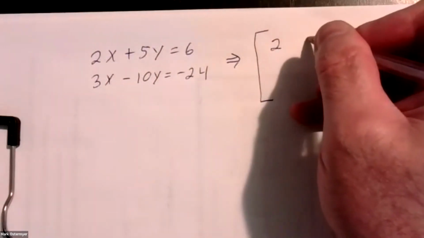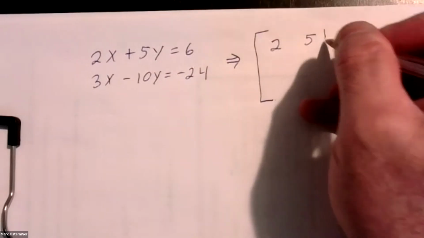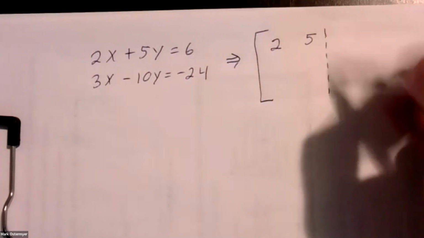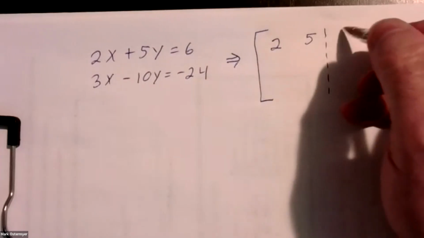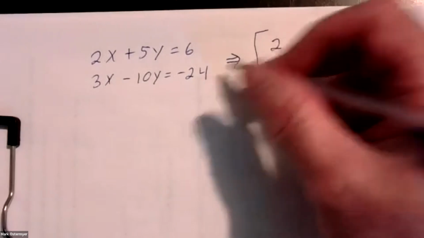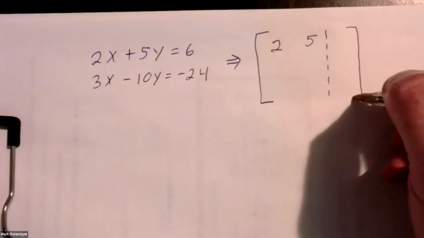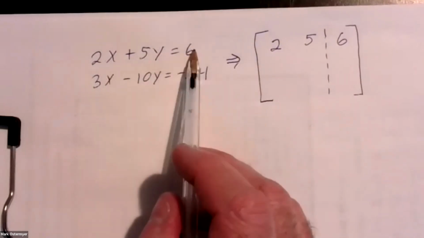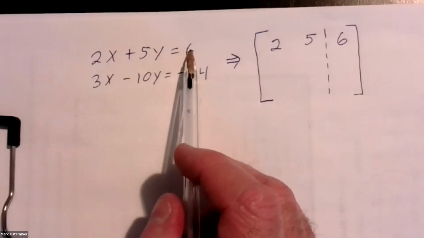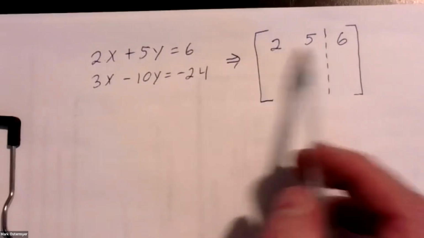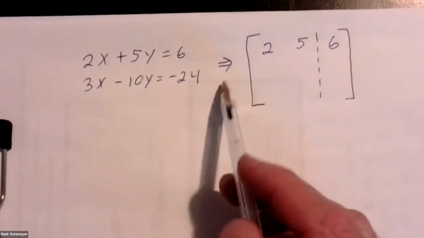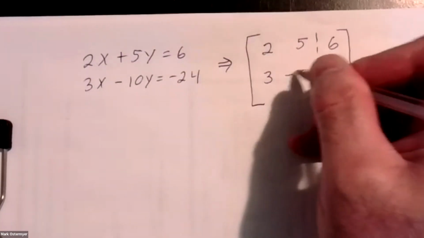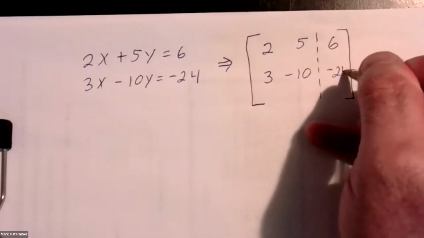So the first equation goes in as 2, 5, and we either have a vertical dashed line or a solid line. Some textbooks have solid, some have dashed. That separates the left-hand side coefficients of the system from the right-hand side constants. So the first equation in the system goes into the matrix as the first row looking like this. The second equation goes in and becomes the second row of our matrix, which would be 3, -10, and -24.